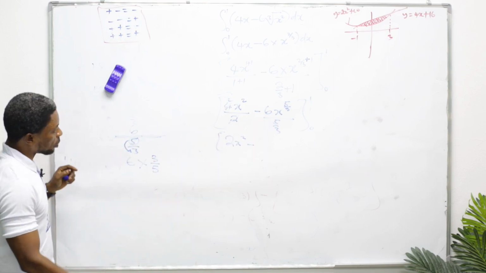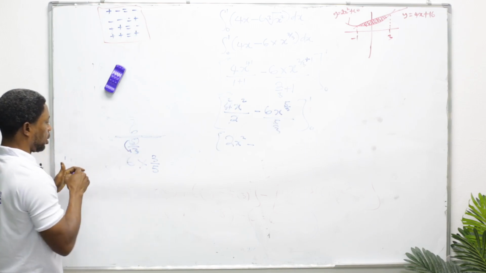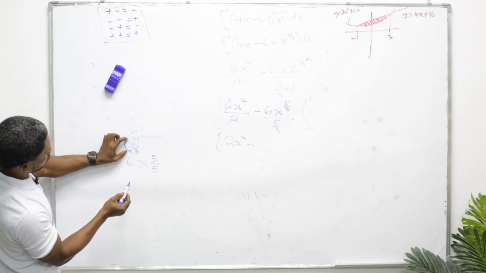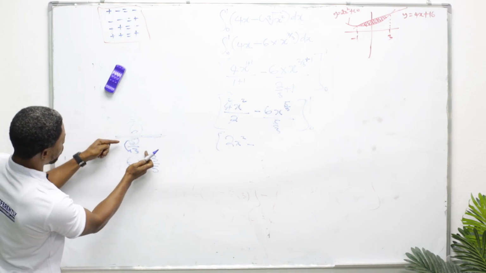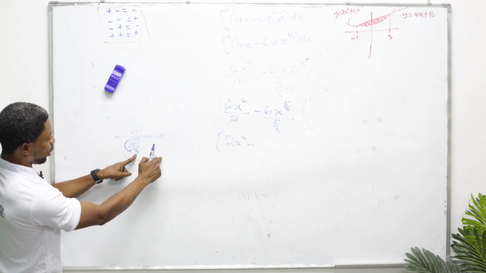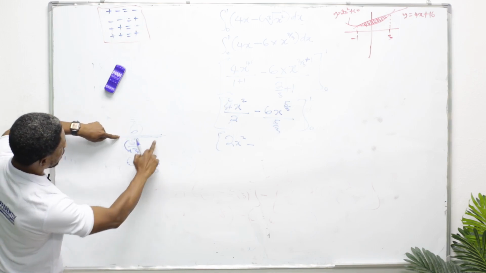I come again: 6 divided by 5 over 3. Change this division sign to multiplication, and turn this fraction upside down.